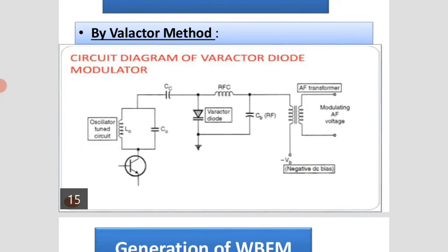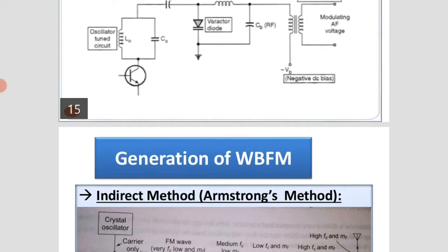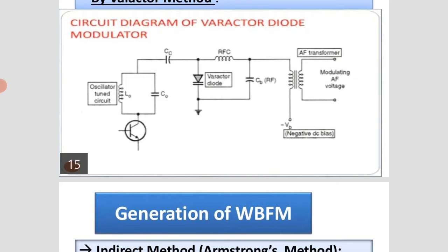The output is the varactor diode. The RFC is also connected to the RF. After that, the output is an AF transformer, the transformer winding as shown in the figure. The modulating input is the AF voltage.